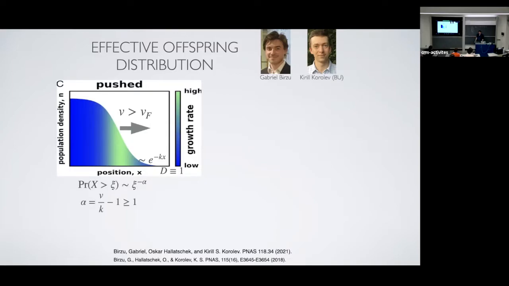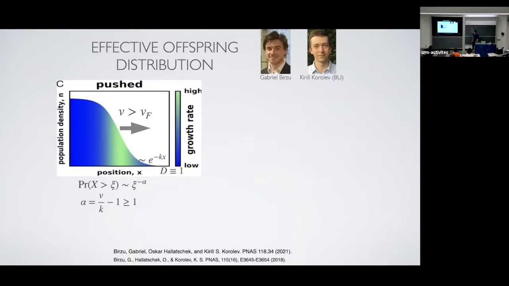And so you can show what one should really call reproductive numbers. I guess this term first appeared in papers by Ronald Fisher. But effectively, it's an offspring distribution. The probability that the descendant numbers are larger than Xi decays like a power law, just like before.